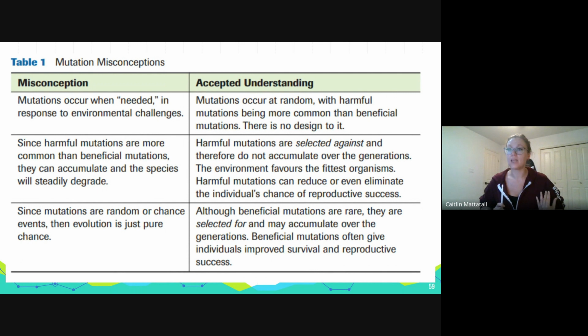And if you are reproducing, you are passing on your genetic information to your offspring, and then those offspring are going to then have beneficial traits that are going to allow them to also have an increased chance of reproducing, and so on and so forth. And again, given enough time, that mutation is going to build up in the population, and that can eventually lead to the development of a new species.